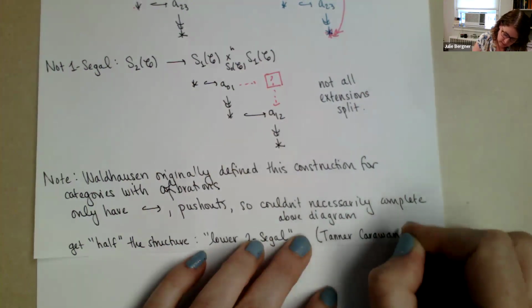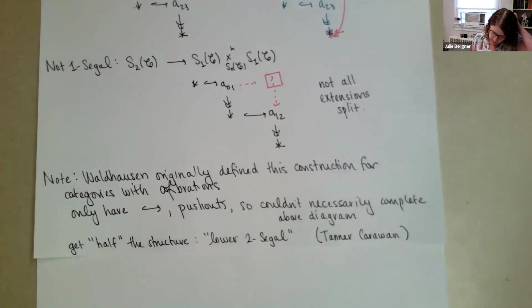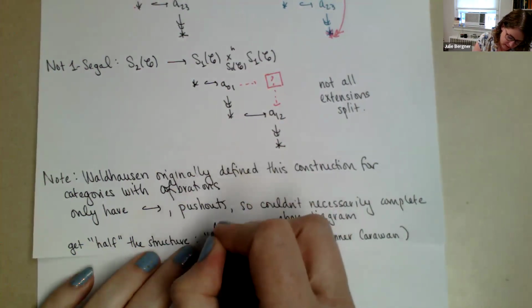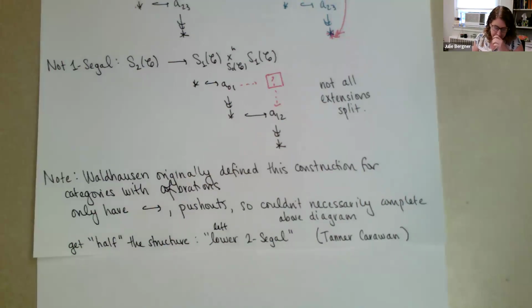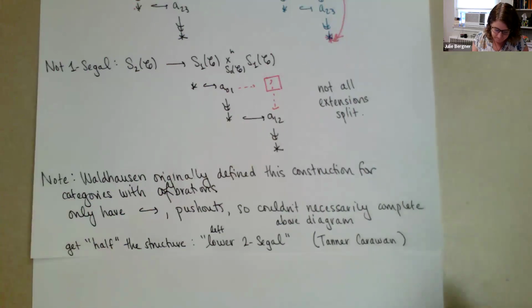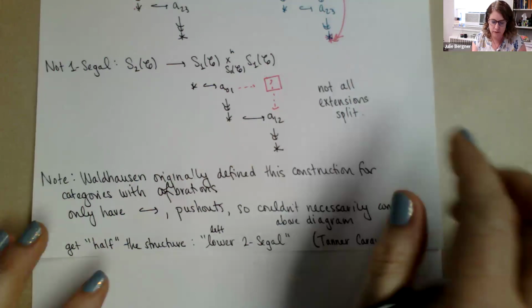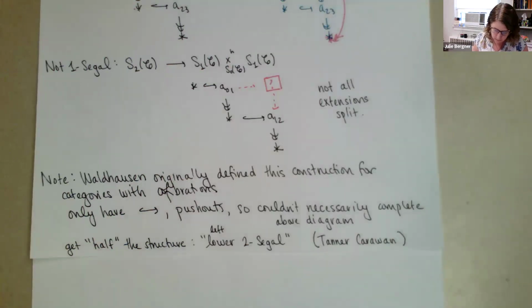The paper about this should be appearing on the arXiv any day. In his paper, he calls it left 2-Segal, but it ends up being, and he verifies this in his paper, that it matches this other notion in the literature called lower 2-Segal. So the idea is you get the 2-Segal conditions, where you can fill things in using pushouts, but without pullbacks.